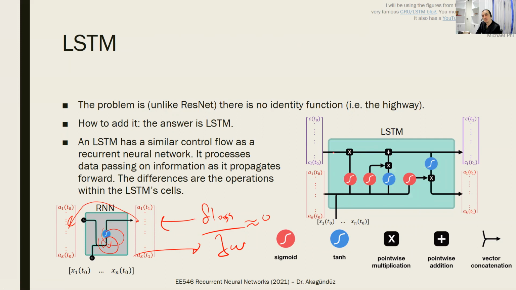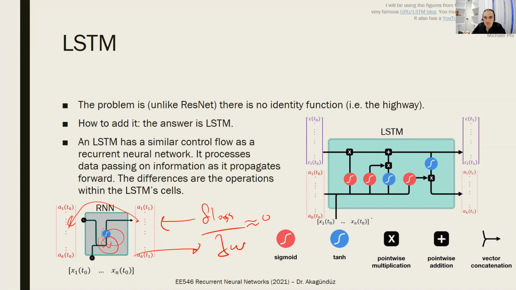Actually, it is this. It doesn't look that way, but these are gates. These are gates that you can open and close, and they open and close according to the data. So unlike ResNet being so simple that the identity always flows to the next state, in this one, we have a mechanism to not update or to forget the hidden states.